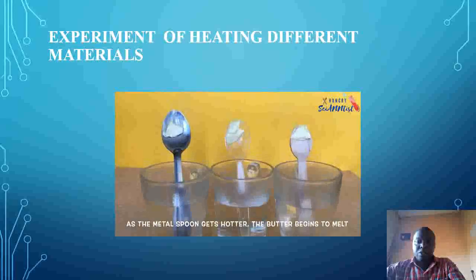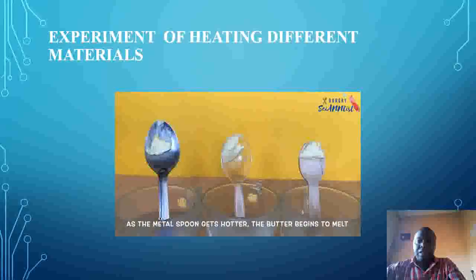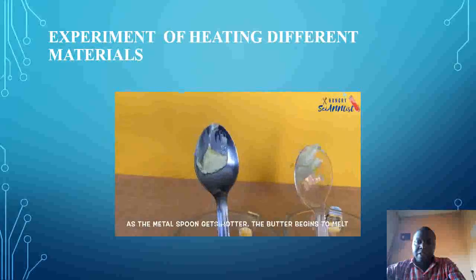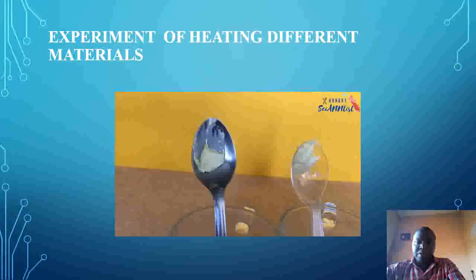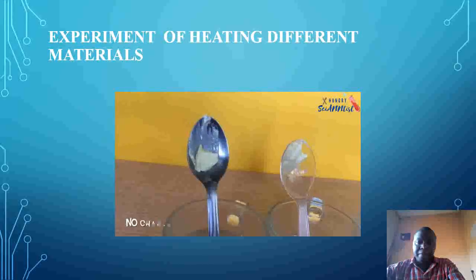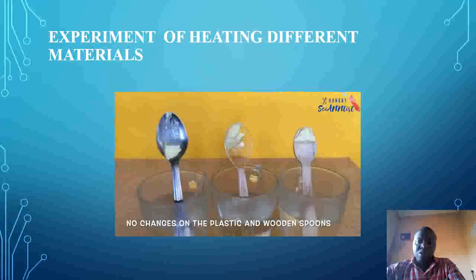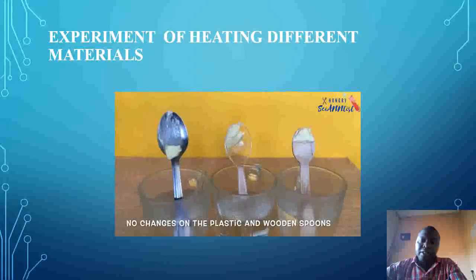As the metal spoon gets hotter, the butter begins to melt. So you discover that this one is melting faster compared to this. You can see what's happening here. No change on the plastic and wooden spoons. They are just the way they were at first.